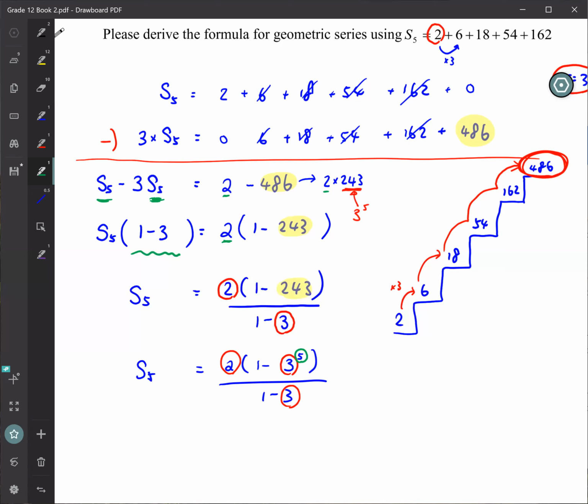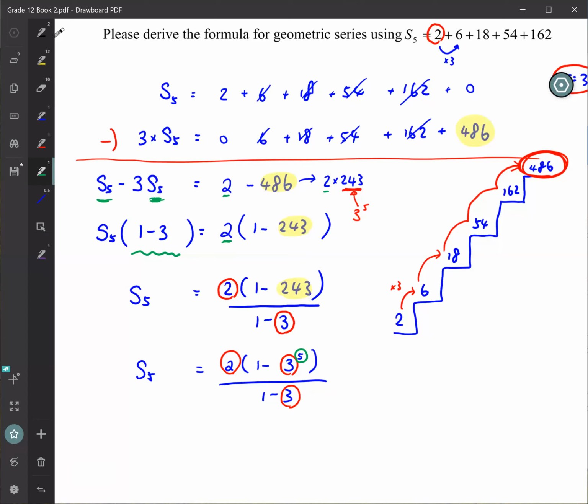Anyone? Does it always have to be 5? Why is this one 5? Eric, what do you think? Because you multiplied 2 by 3 5 times, so that's also 5.